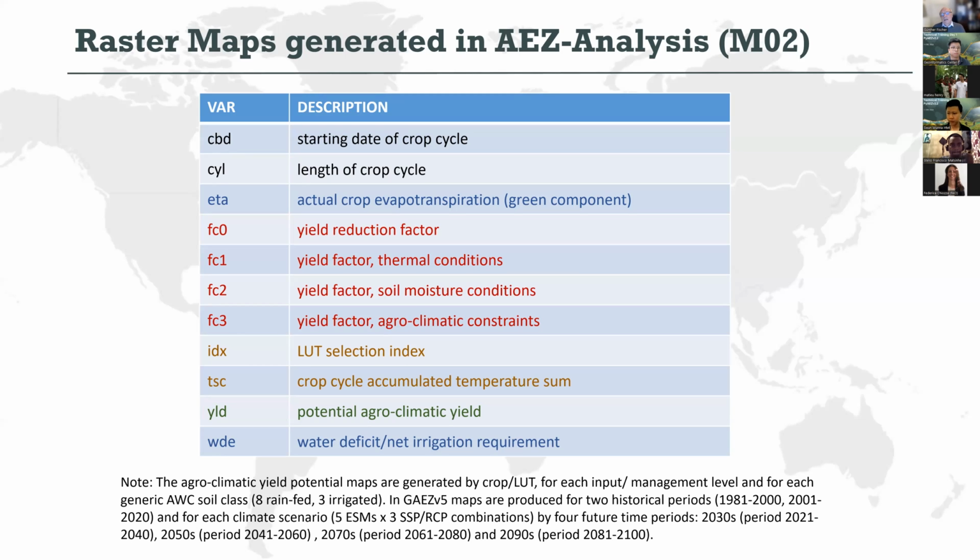All three are reduction factors that reduce the radiation- and temperature-determined potential output and reduce it to this attainable agroclimatic yield.